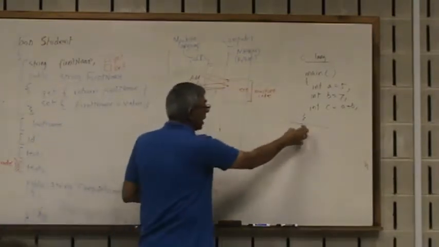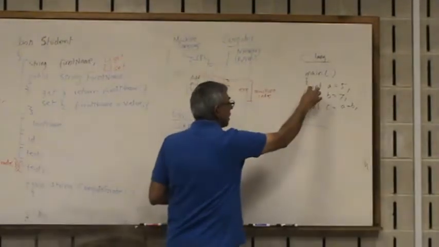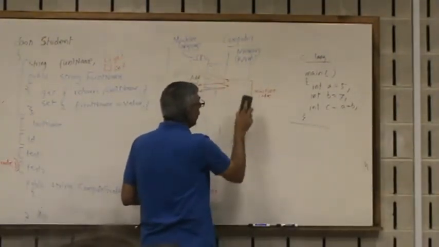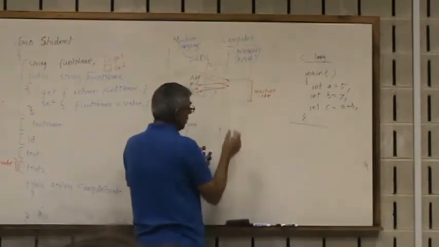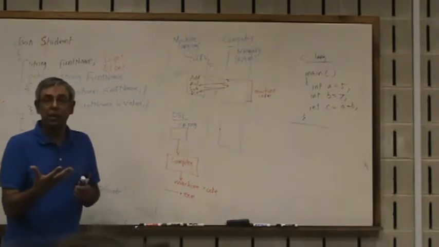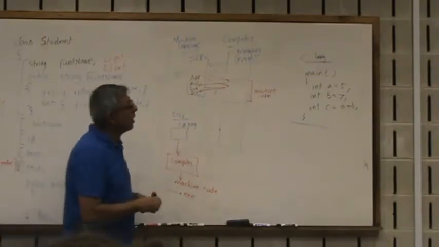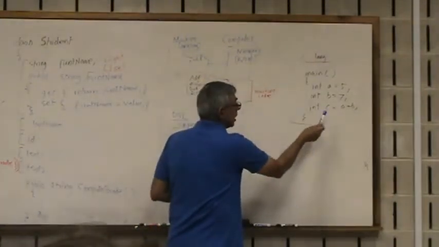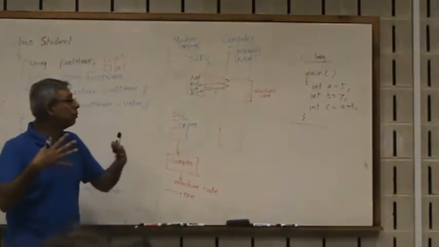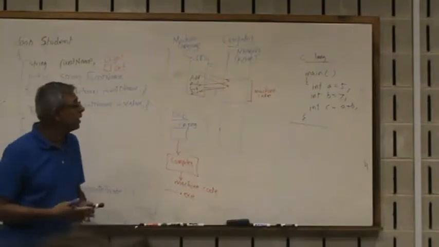Once we compile it, there are 3 instructions over here. These 3 instructions will get converted into machine code, maybe 3 instructions, maybe 5, maybe 6. One high-level language instruction may get translated into 2 or 3 or more machine-level instructions.